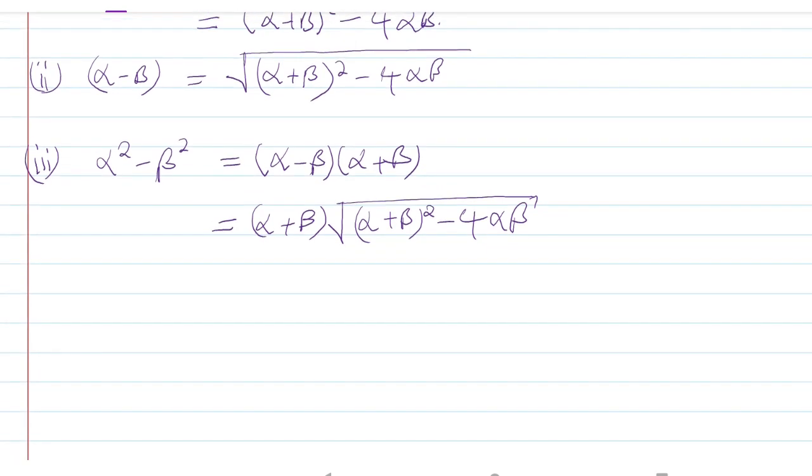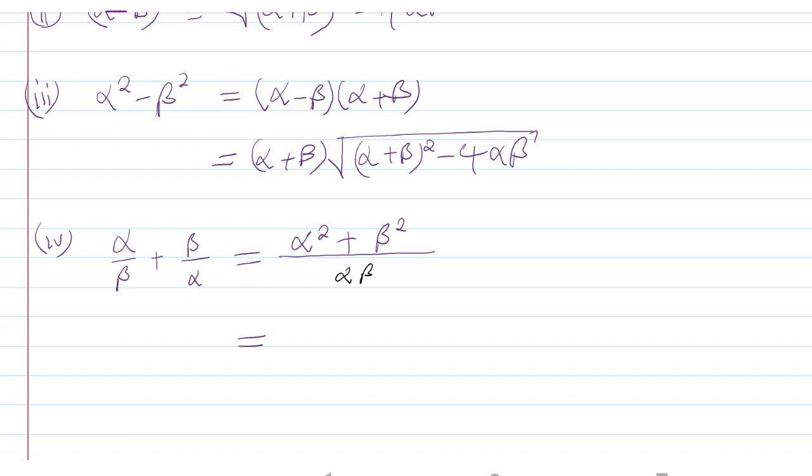All right. Number four is an exciting flavor. This is alpha over beta plus beta over alpha. Let us try to express this as a single fraction. Common denominator is alpha beta. So this is alpha squared plus beta squared. Alpha into alpha is alpha squared, alpha multiplied by beta is alpha beta, and beta multiplied by beta is beta squared.